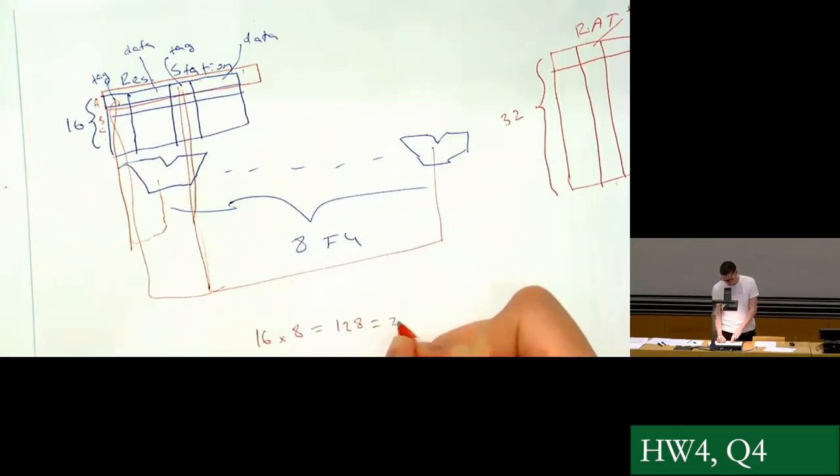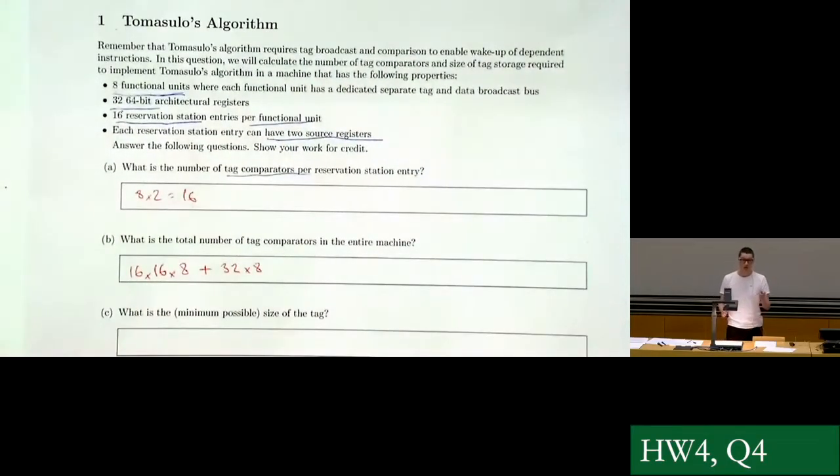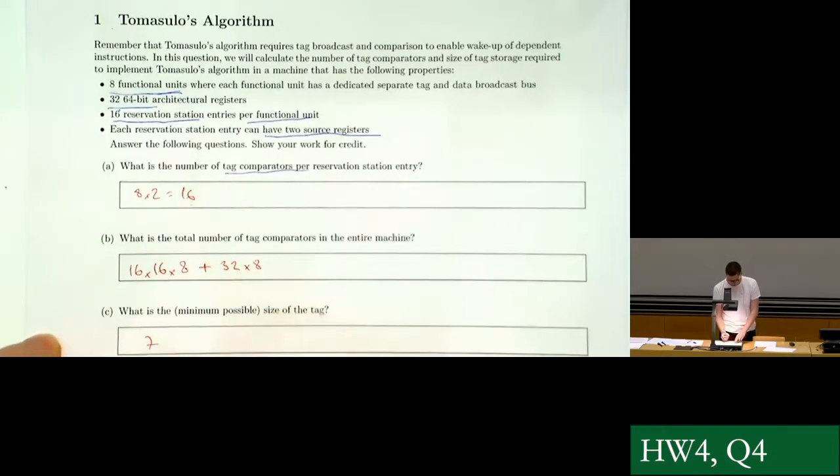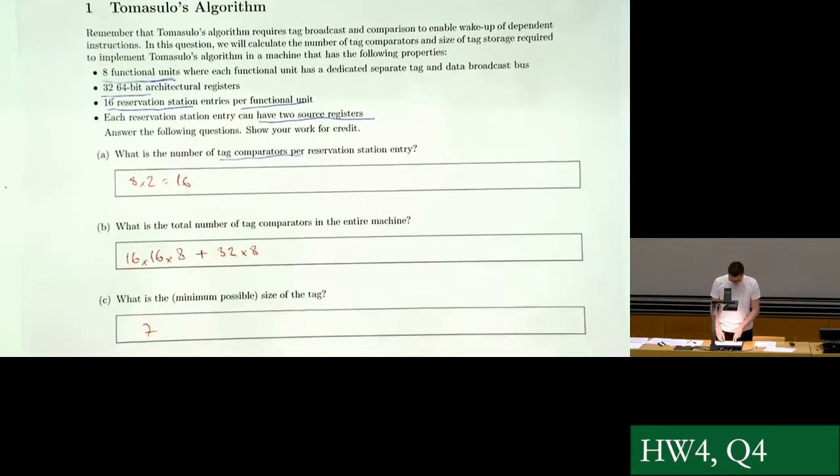And basically, this is equal to 2 to the 7th, and this means we need 7 bits as a tag to be able to address or refer to all reservation station entries. So the minimum is 7. Of course, you can have more than 7, but then you'll have some redundancy, right? Some useless bits. I guess nobody has any questions. Okay.